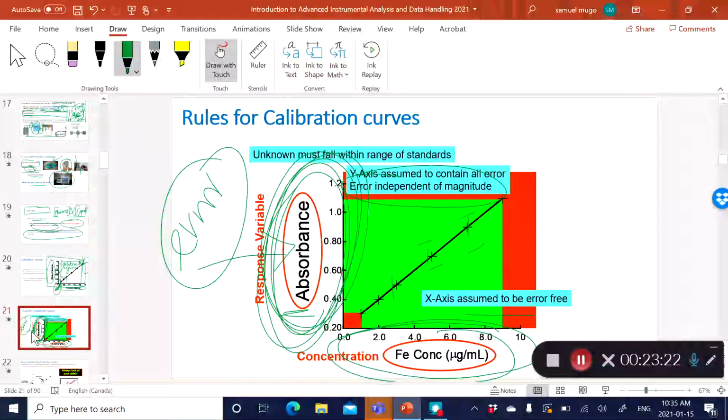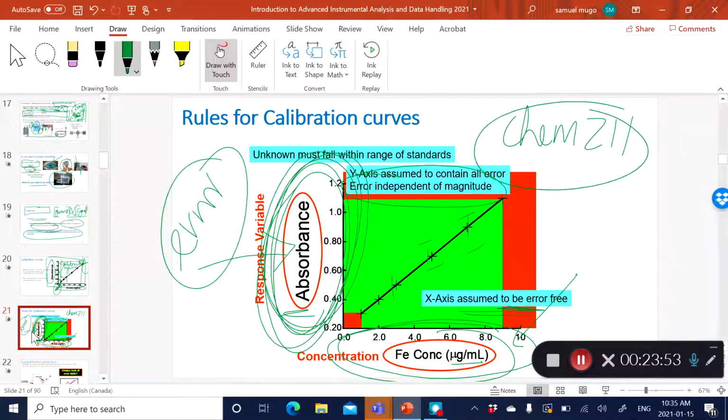So take note of that, that there should not be any error in the x-axis, meaning the standards should be prepared very, very accurately. That's what a standard means. The concentration is accurately known. Of course, there are students who are going to make operational errors here, and that should not be allowed, okay? There should not be operational errors in the x-axis. And that's why you took Chem 211, so that you are taught very, very carefully how to do gravimetric analysis, the weighing, very, very accurately.